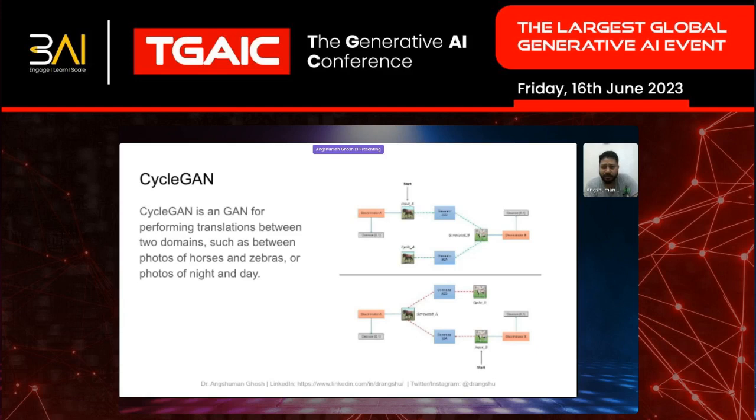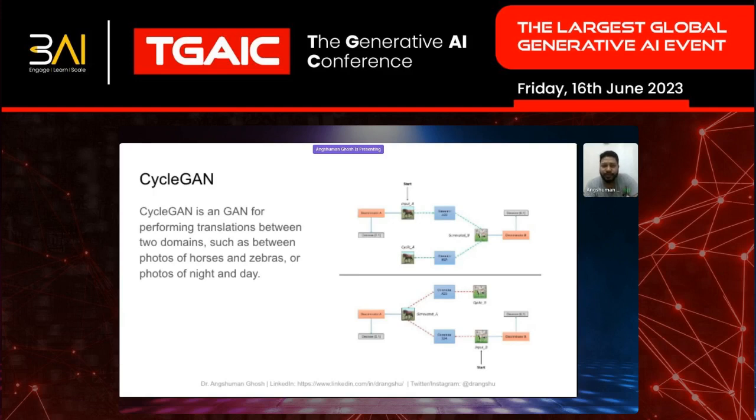Now let us focus on the bottom part of the diagram. Here the zebra image becomes the input image, the starting point at the bottom. From that, a generator creates a horse image, and from the horse image, another generator creates a zebra image, right?